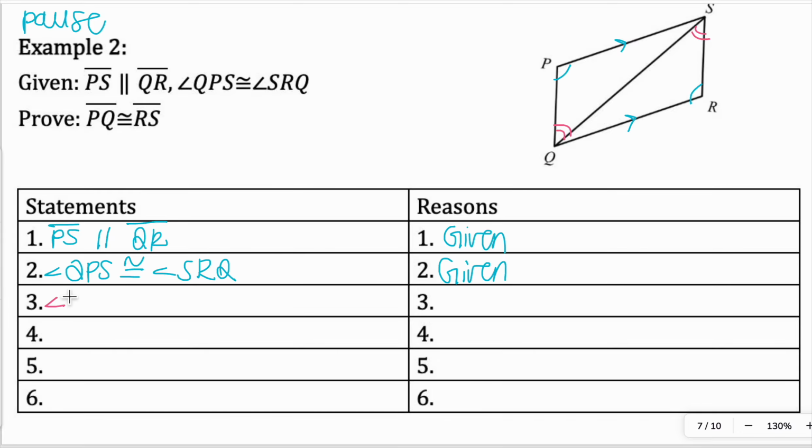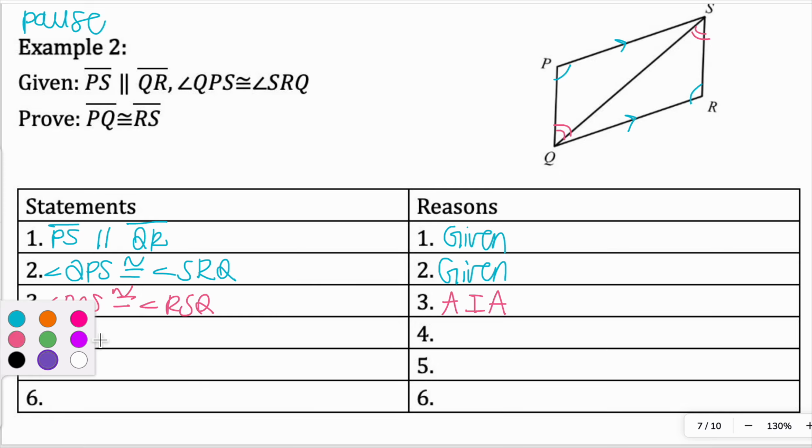So angle PQS is congruent to angle RSQ because of alternate interior angles. Alternate interior angles can be proved with my parallel lines.